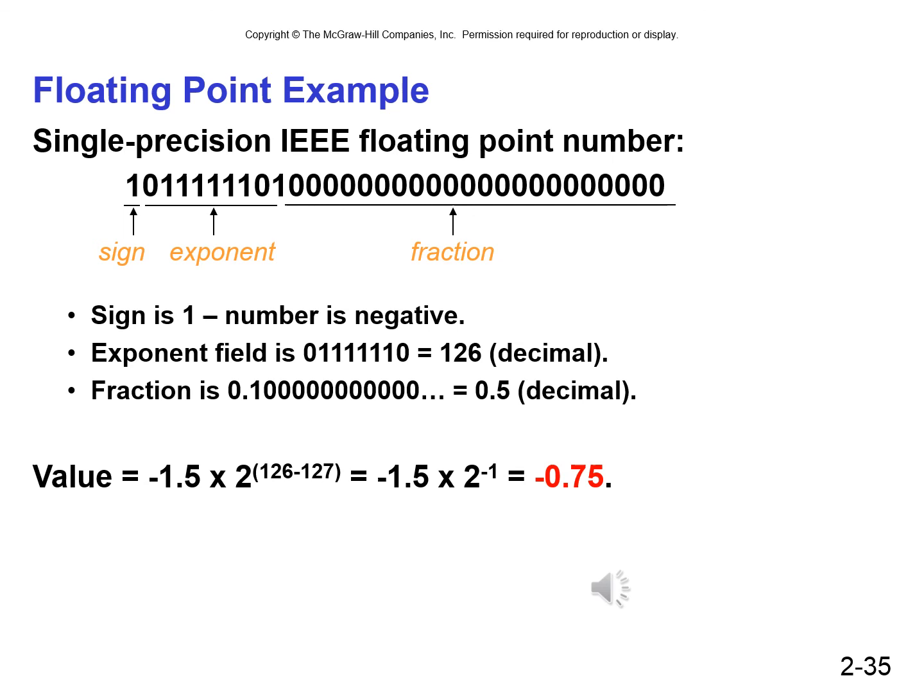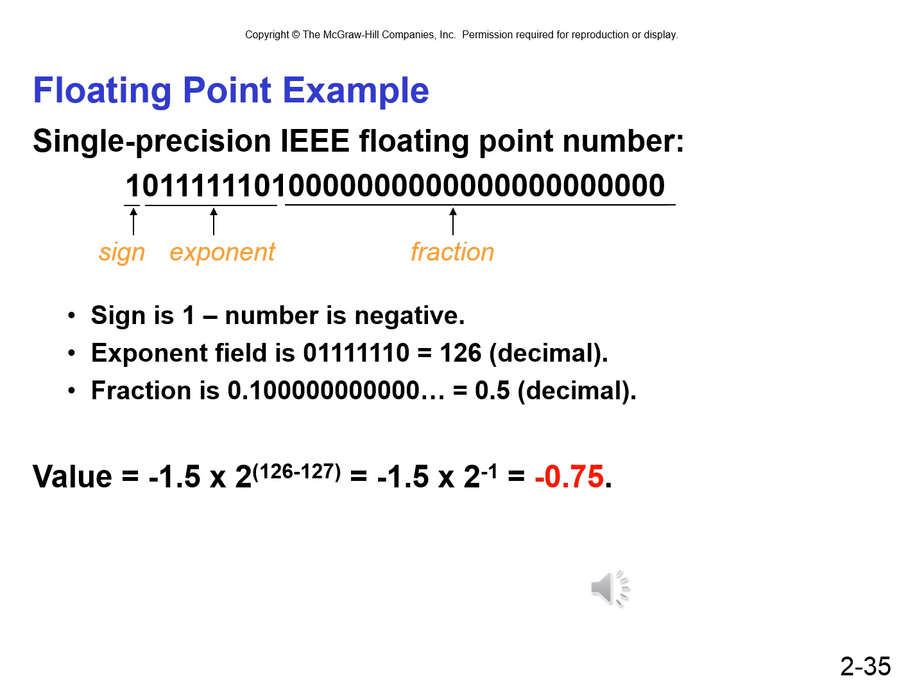The sign is 1, so it's a negative number. The exponent field, 0, 1, 1, 1, 1, 1, 1, 0, is 126 in decimal. So instead of adding 127, we're going to subtract 127, and we come up with an exponent of -1.